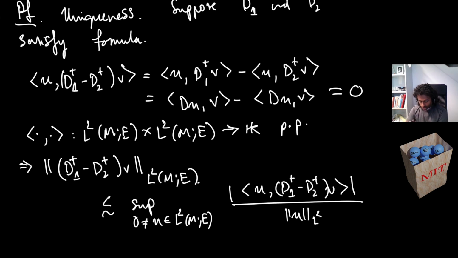Why is it unique? So the question is, aren't we done showing uniqueness? So why is D1 equal to D2? But the difference can be 0 just on some set. I mean, this does not imply that the difference is 0 in L2 or pointwise everywhere.